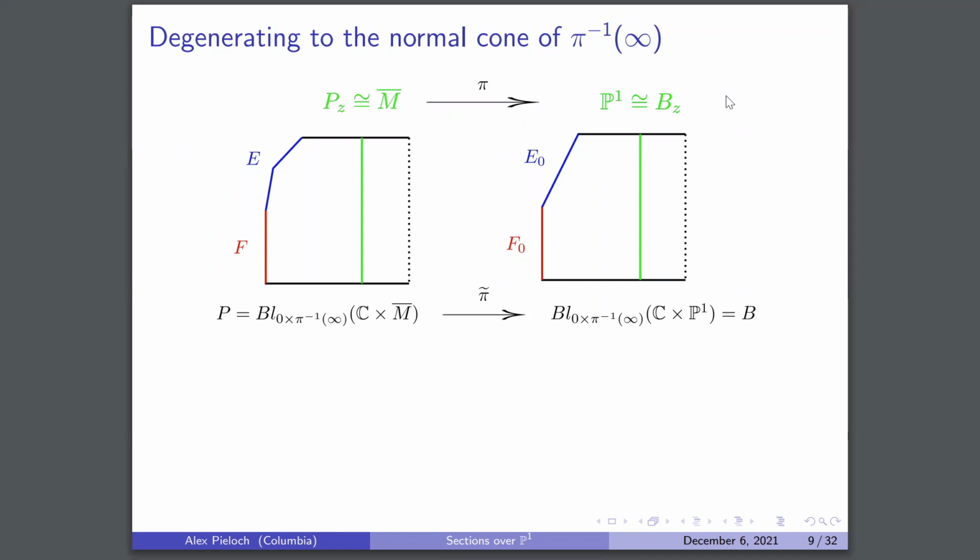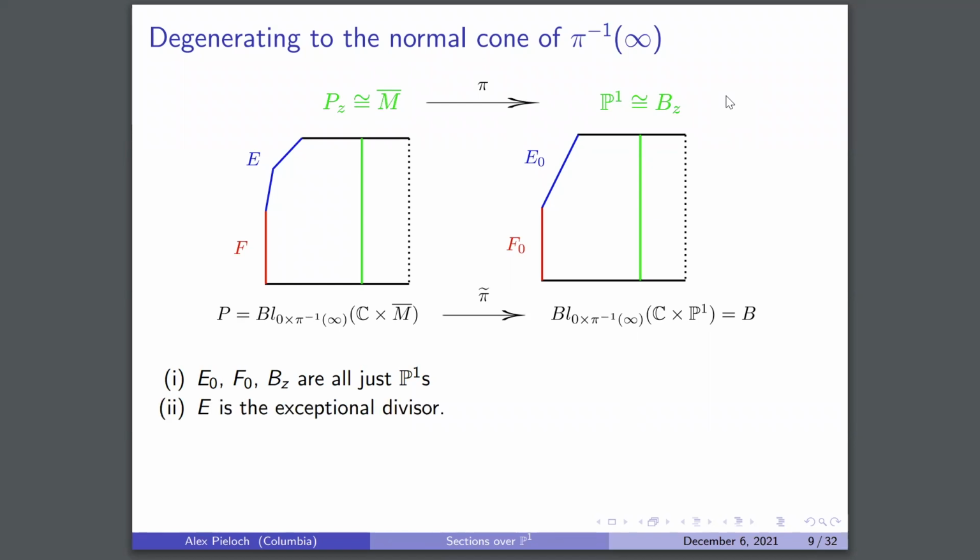And as soon as we degenerate to 0, what we get is a copy of the transform of our fiber P1 over 0, and a copy of our exceptional fiber, which I denote by E0. So all we're doing is we're taking a copy of P1 and splitting it off into 2 copies of P1, E0 and F0. That's all that's happening in the case where M bar is equal to P1.